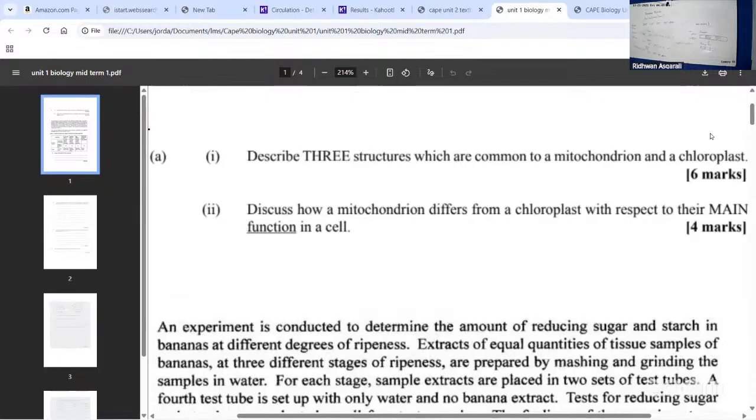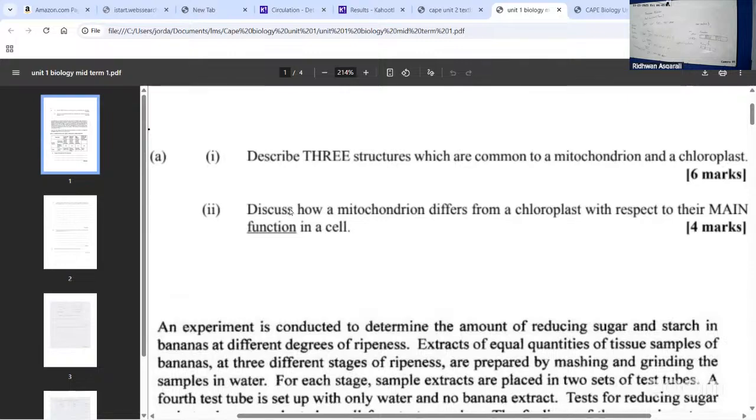Seen any answers? Ribosomes, right? They have their own ribosomes, their own protein producing machinery. So the answer for this one would be ribosomes, DNA, specifically 70S DNA, and their own membranes.